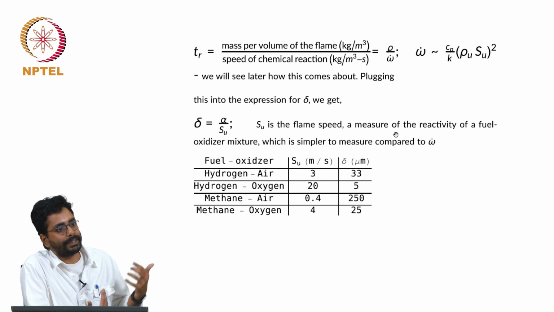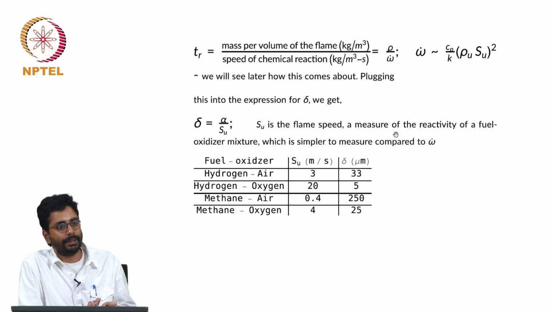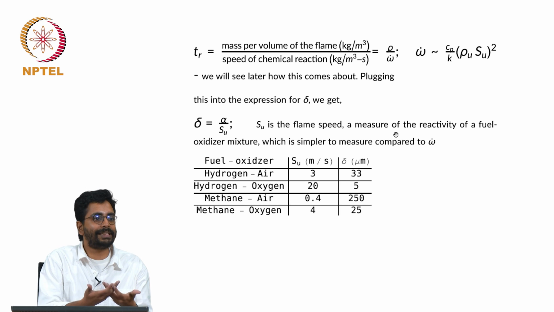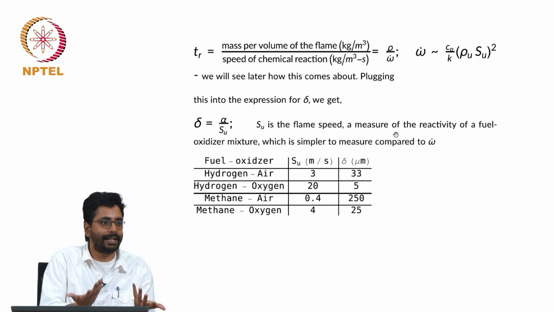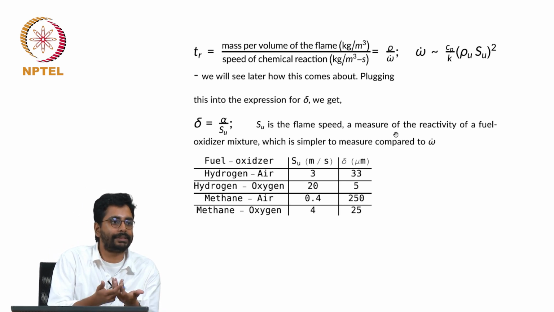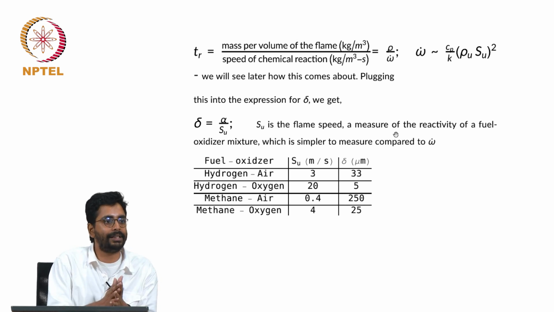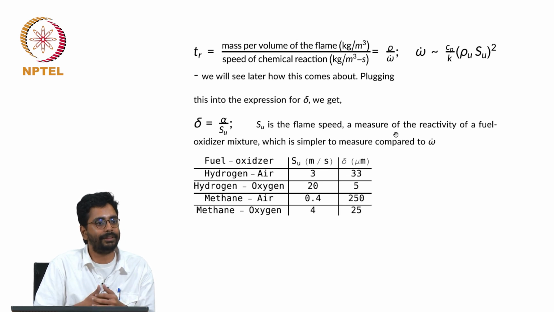In a situation where the reactants are already premixed, there is no such thing as mixing time, they are already mixed. What controls the process is the speed of the chemical reaction. So, it is a finite rate chemistry situation where infinitely fast chemistry cannot be assumed. If you assume that the reaction rate is infinite, you will also come to the conclusion that the flame speed is infinite, which is not correct.